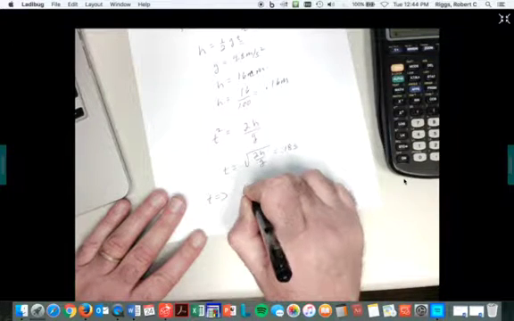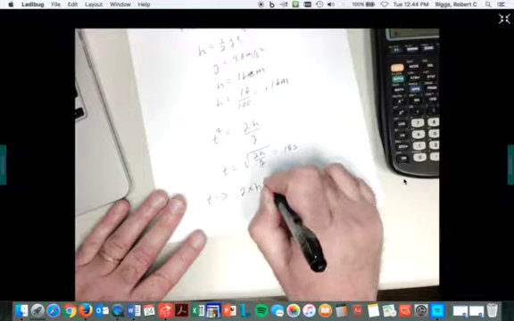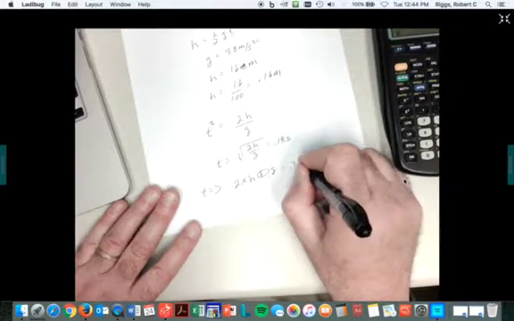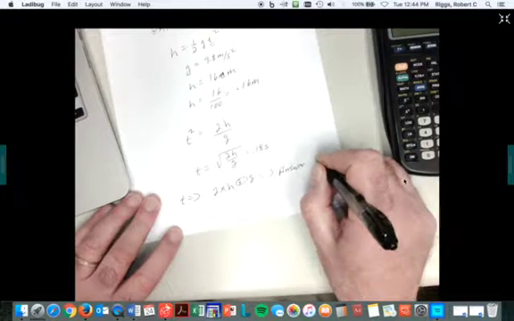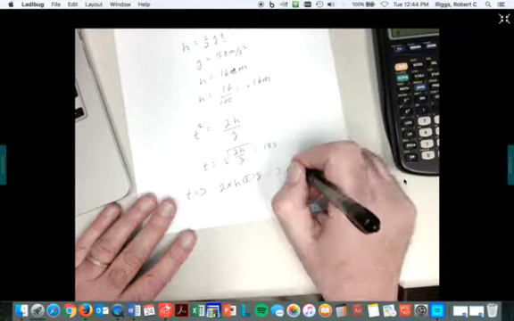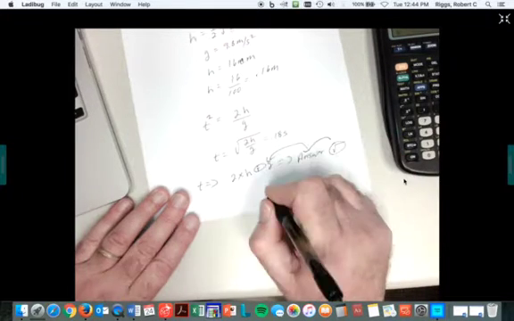Go 2 times the height that you got divided by g. Take that answer, if you got a basic calculator, and hit the square root button. And that will give you the actual t.